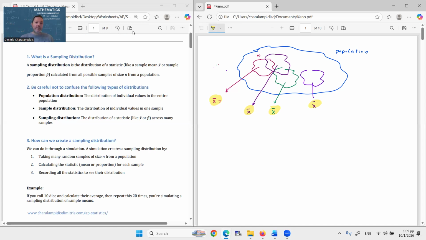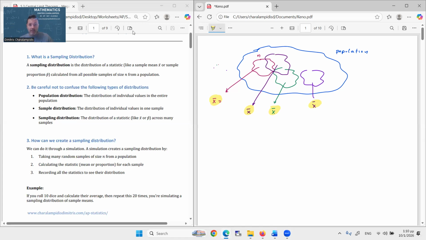Let's wrap up everything before we're done. The big idea is this. A sampling distribution shows how a statistic, whether that is a mean, a proportion, or anything else, behaves when we repeatedly sample from a population.